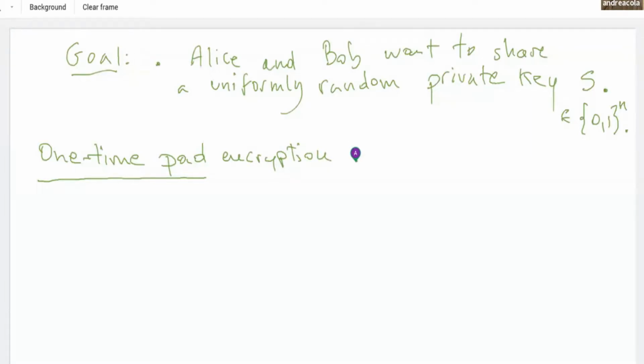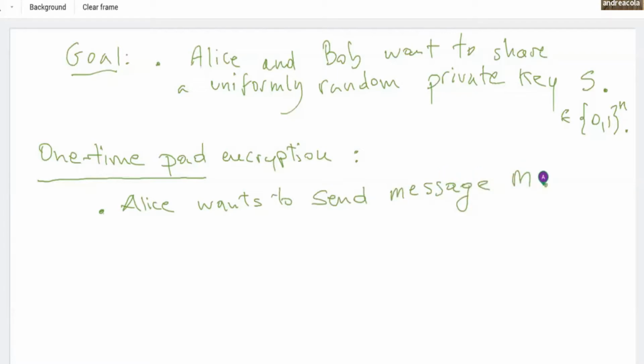Say Alice wants to send a message M, which is of the same length as the secret key S, which is known by Alice and Bob.